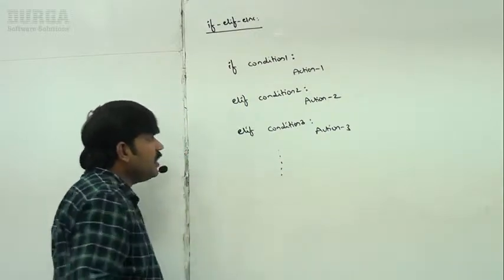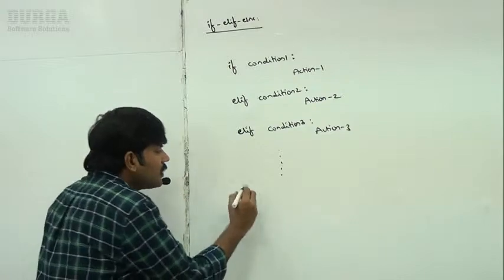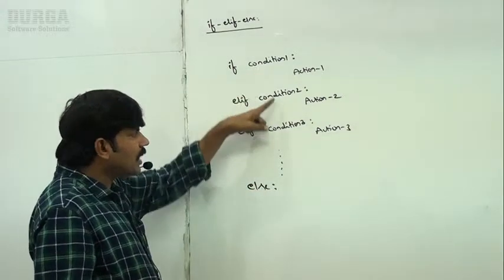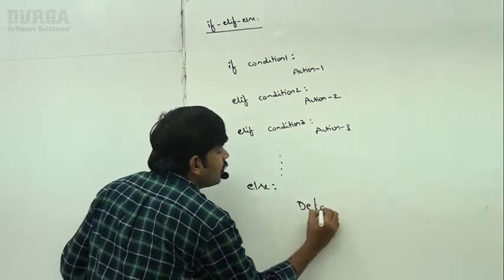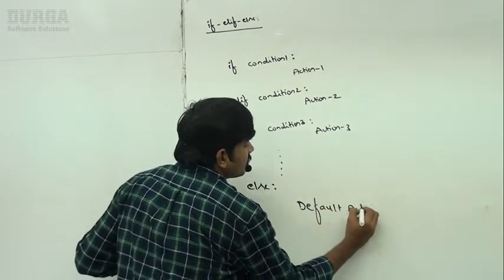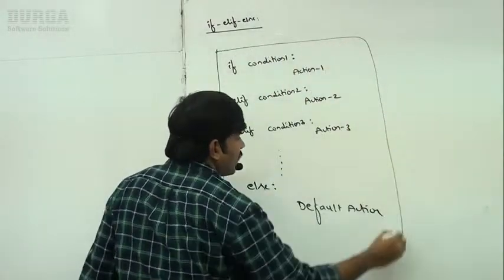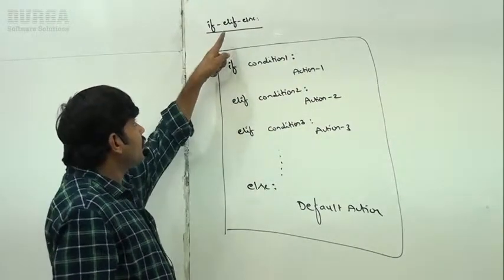Any number of elifs, any number of conditions you can take. At last, else: if no condition is satisfied, then perform the default action. This is the syntax for if elif else.